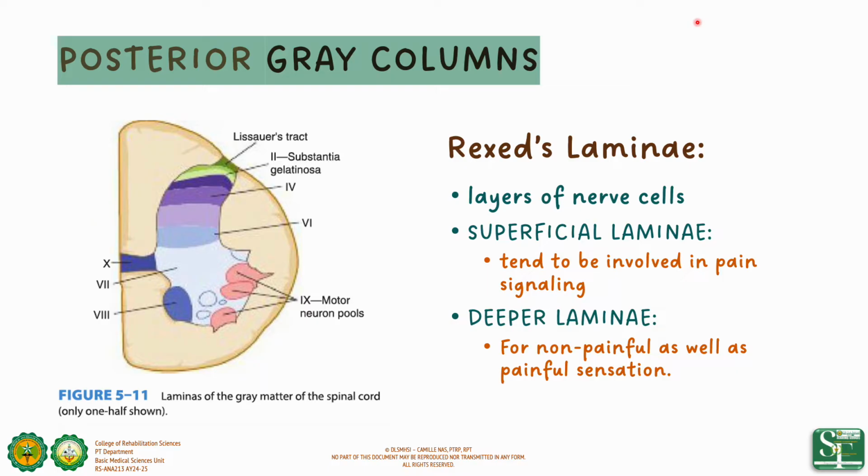So magsa-start tayo with lamina 2 actually ang start nito, which is the substantia gelatinosa. This one is the cell body responsible for receiving afferent tracts or afferent nerve fibers that are sending painful stimuli. Yung mga pain, no, sila yung nakaka-receive ng signal. We'll discuss the other laminae as we go along.